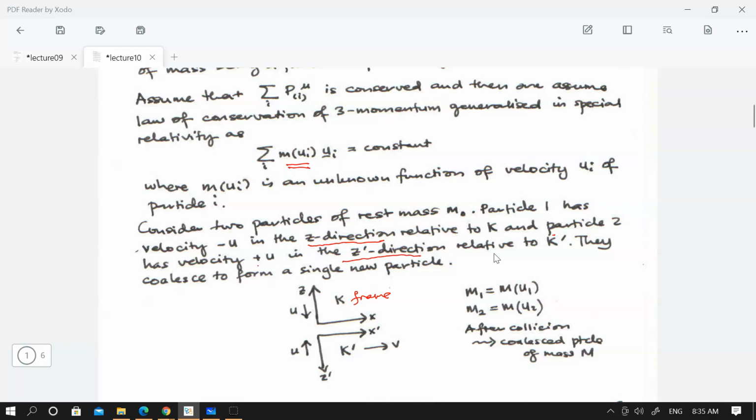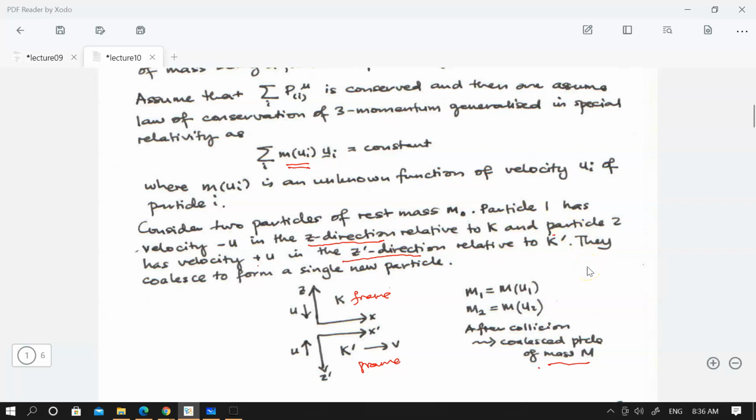This is the other frame, and we would like to allow these two masses to collide. After the collision they will coalesce or combine together to form a single particle with mass capital N. So that's essentially our setup.